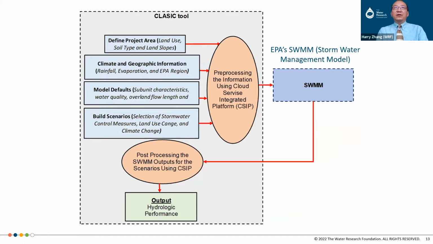You define the project area, then incorporate climate, geographic information, and rainfall. There are model default parameters, and if you have higher resolution parameter data, you can incorporate that too. Then you build the scenario suitable for your specific municipality or case. This generates pre-processing information, connects to the cloud service integrated platform, and then generates the post-processing output.